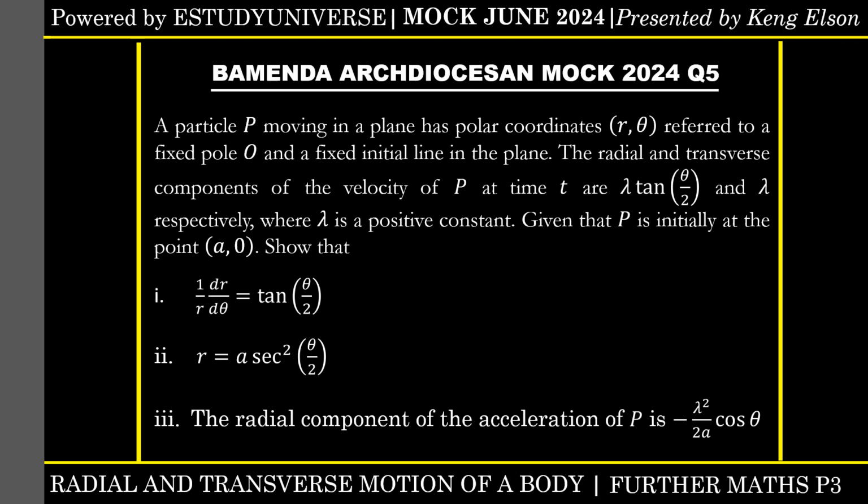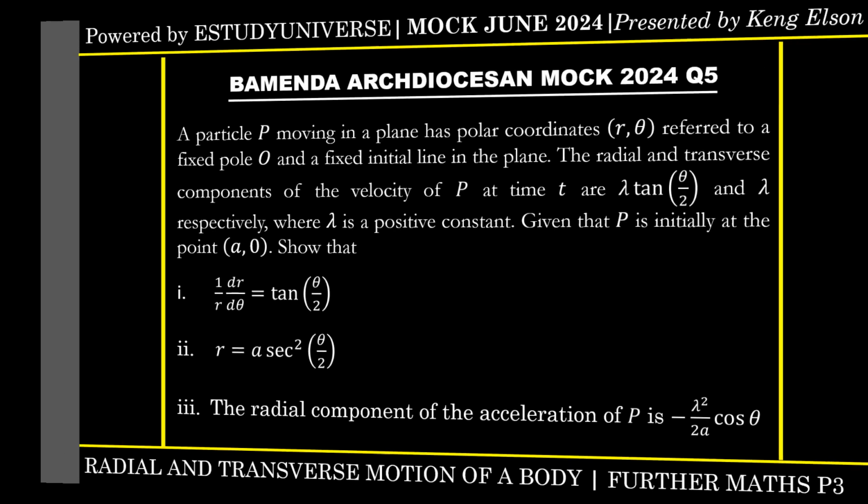The radial and transverse components of the velocity of P at time t are lambda tan theta on 2 and lambda respectively, where lambda is a positive constant. Given that P is initially at the point A, 0, show that we have three things to show. So without wasting much of the time, let's get started with the first part.